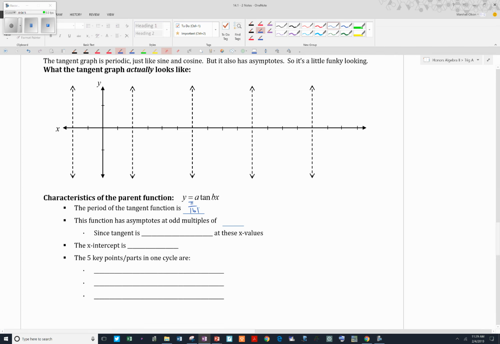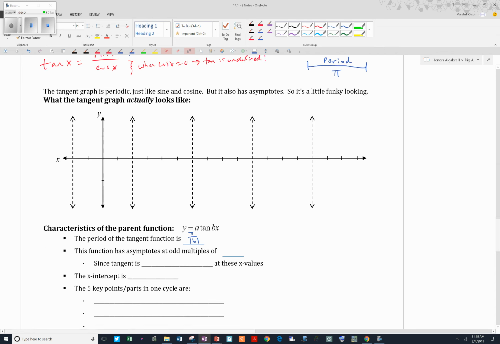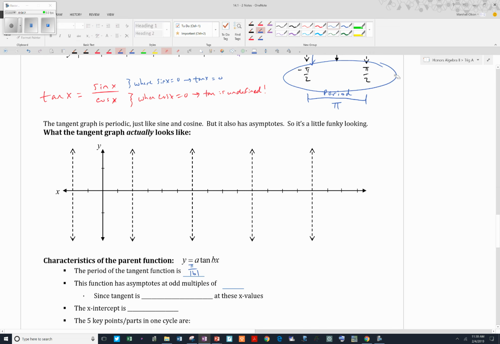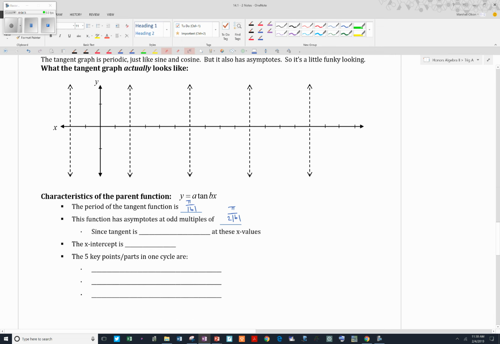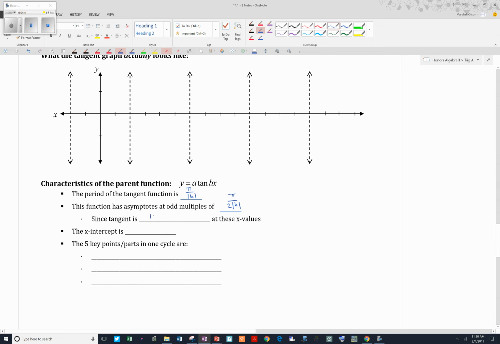The function is going to have asymptotes at, instead of always pi over 2 and negative pi over 2, if you have a b value in your function, it's going to affect those asymptotes. We're going to have asymptotes at pi over 2 times the absolute value of b, since tangent is undefined at those values.